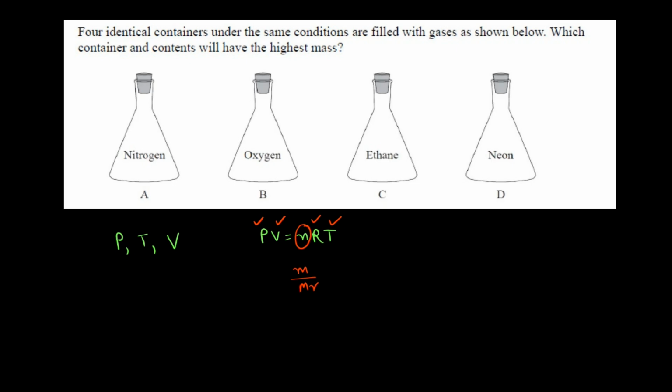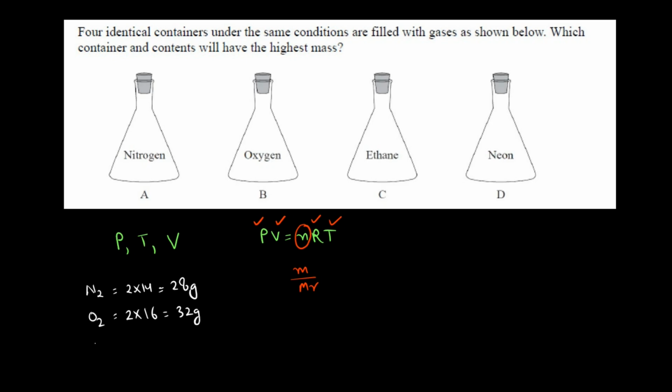And what is n? n is mass over molar mass. So out of the four containers, which one will have the highest molar mass, and so the highest mass? We will just find the molar mass of each. Nitrogen: 2 times 14, 28 grams. Oxygen is diatomic, 2 times 16, 32 grams.